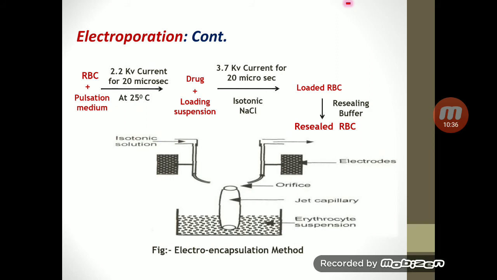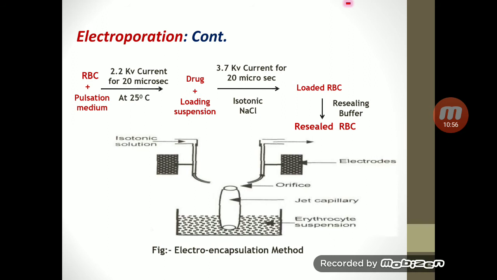So RBCs in an electric field, we have to apply a 2.2 kilowatt electric current for 20 microseconds at 25 degrees Celsius. It will cause openings in the RBC membrane.